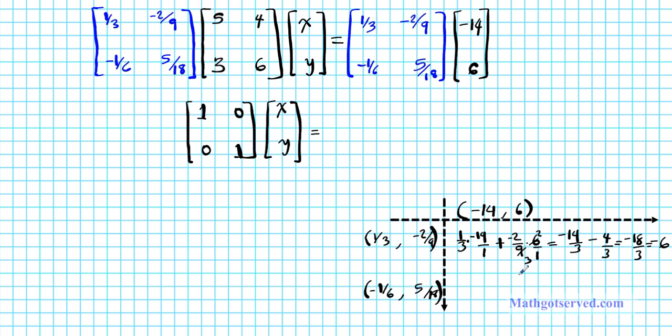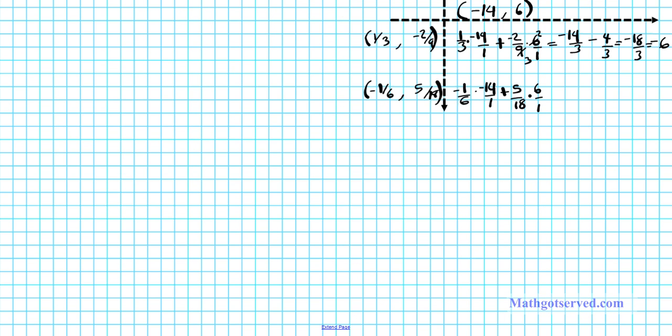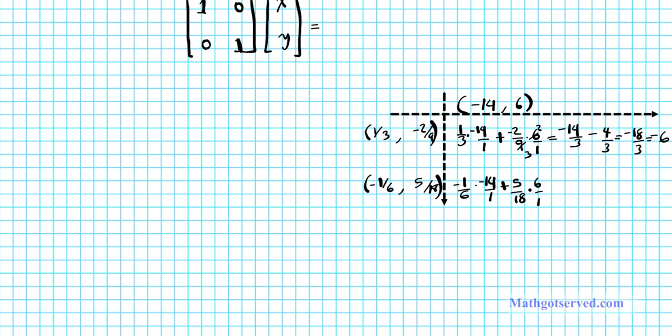All right. Okay, now let's take a look at this one right here. The x's, multiply them together. You have negative 1/6 times negative 14/1 plus 5/18 times 6/1. All right, let's go ahead and simplify that as we did the other situation. So here, 2 goes here 3 times, and 2 goes here 7 times.